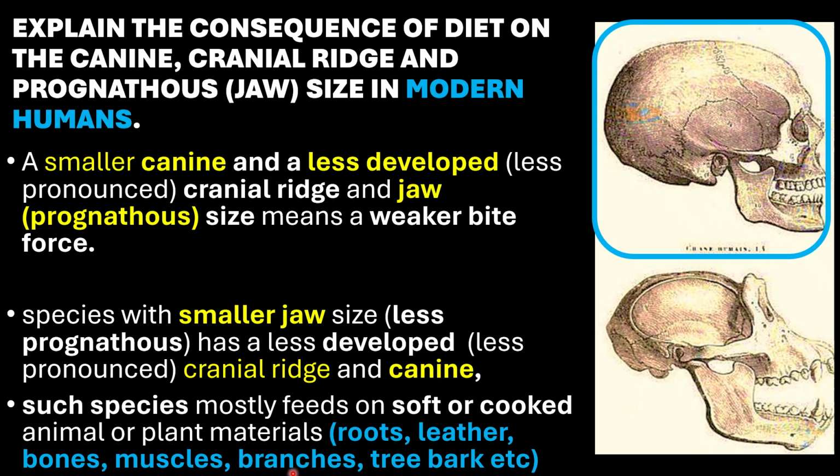They are eating similar things to what early humans ate, except that they are cooked. Humans have a larger cranium, which gives us the intelligence to cook our food. Hence, we don't need powerful jaws, powerful chewing muscles and a powerful cranial ridge to feed. It is not necessary.